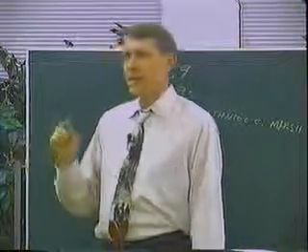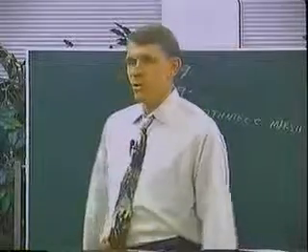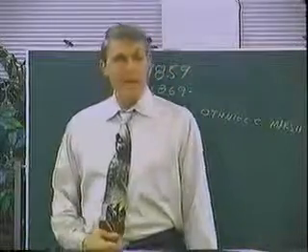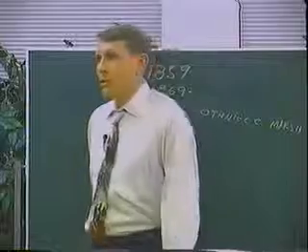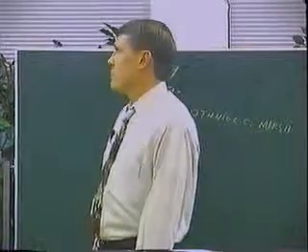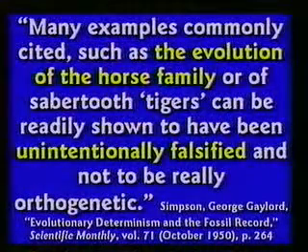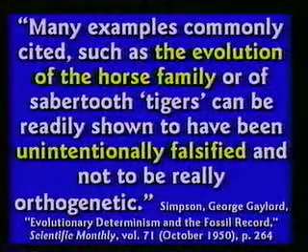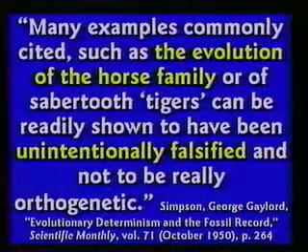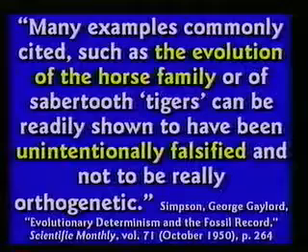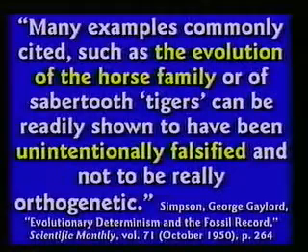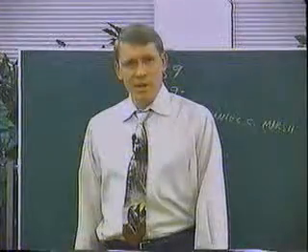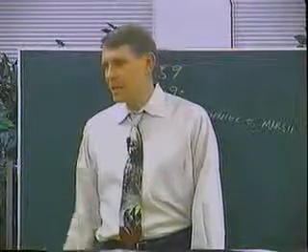All right? 1950, G.G. Simpson, George Gaylord Simpson, who was a strong believer and a proponent of evolution, wrote an article in Scientific Monthly, October 1950, that said many examples commonly cited, such as the evolution of the horse family or of saber-toothed tigers, can be readily shown to have been unintentionally falsified. In other words, it's not true. It was falsified. It's been proven to be incorrect.